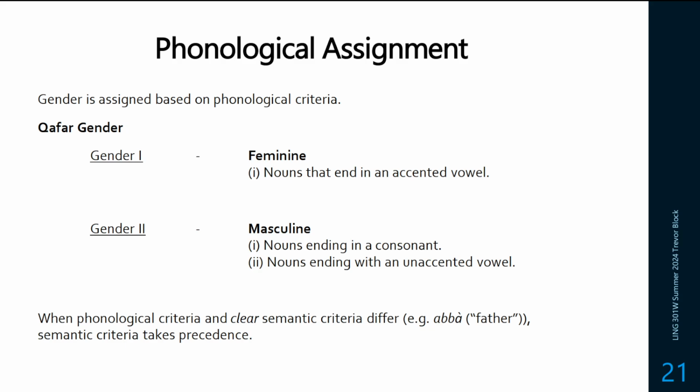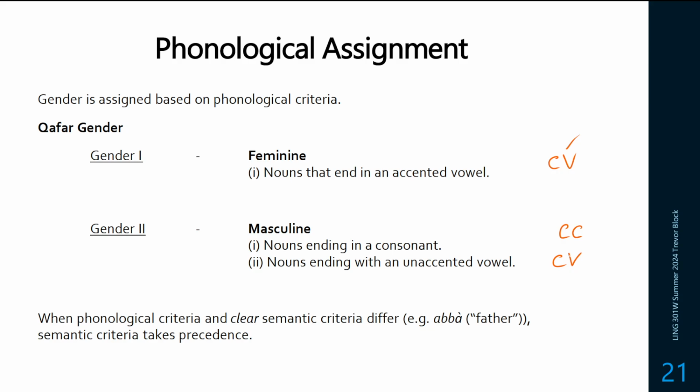So it's more like semantics comes first, and then when semantics doesn't work for the majority of nouns, it's based on phonology. So gender one is feminine if a word ends in an accented vowel, like a vowel with some sort of accent on it, some sort of tone or pitch, then okay, we have feminine. If it ends in a consonant or if it ends in an unaccented vowel, then it's masculine.